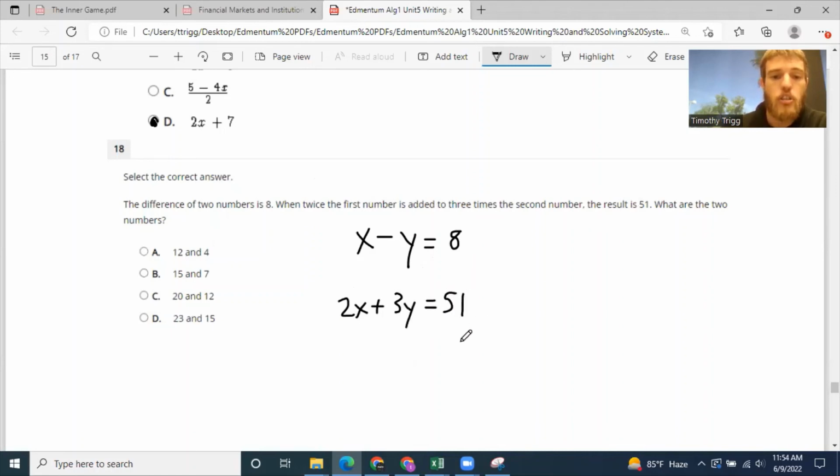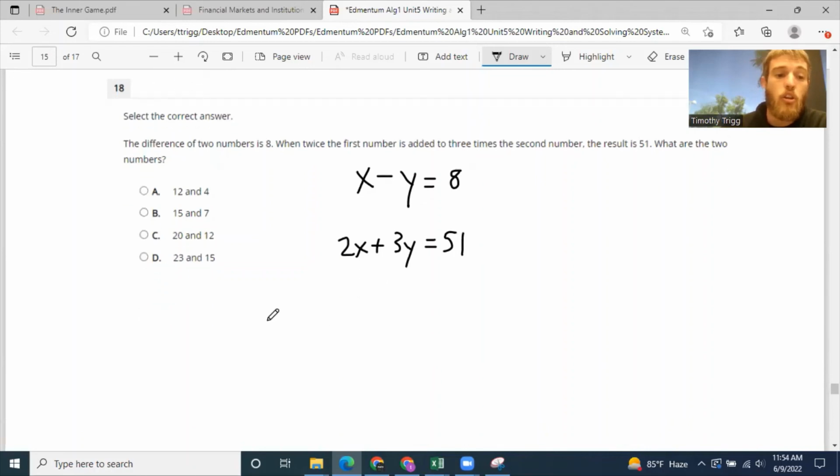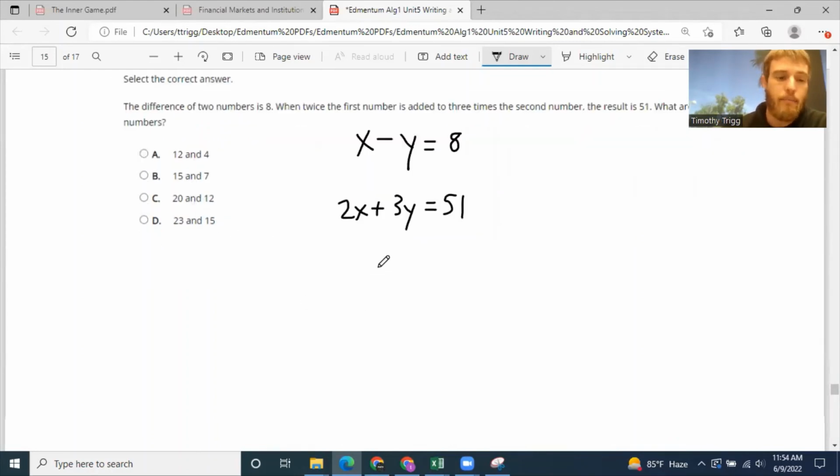Okay, so there's your system of equations. One thing you could do is just see which numbers actually work here, right? Which two numbers actually subtract to give you 8, and also 2 times the first value plus 3 times the second value gives you 51. See if you can figure that out.